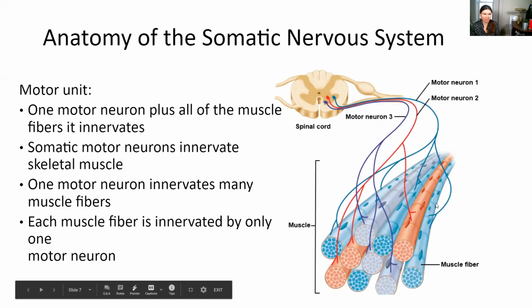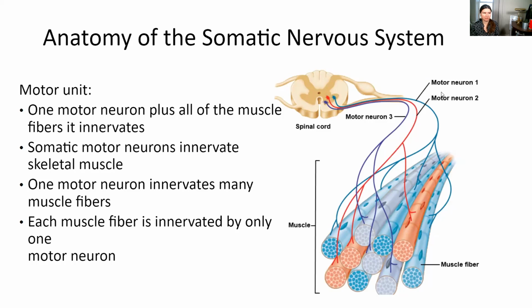And if we look at any muscle fiber, we can trace it back to a specific motor neuron. Okay, so the fact that we have one motor neuron for many muscle fibers, but each muscle fiber goes back to only one motor neuron is important. So just try to keep that relationship in your mind.